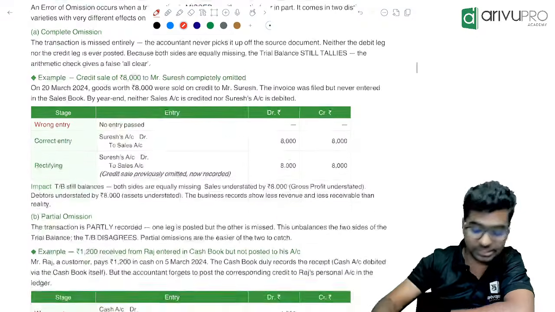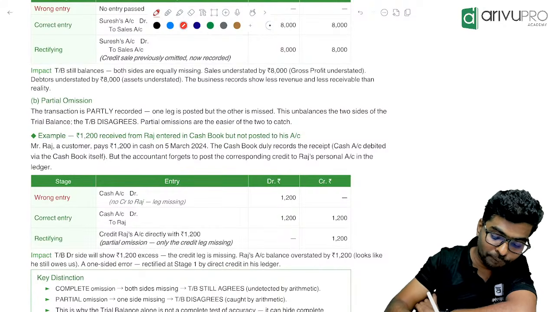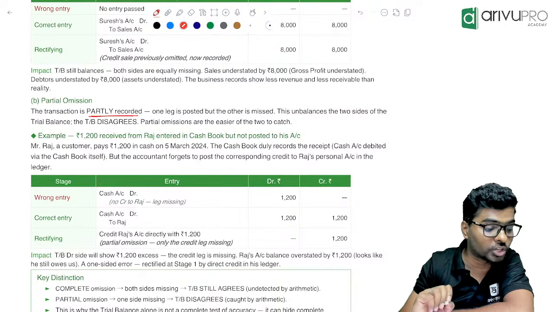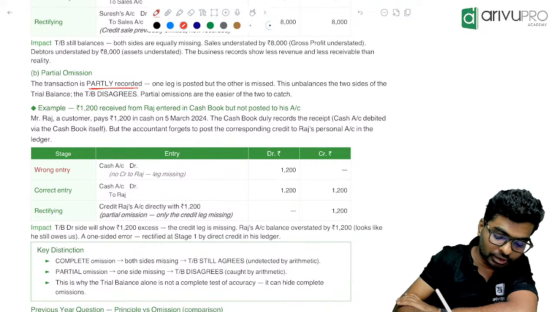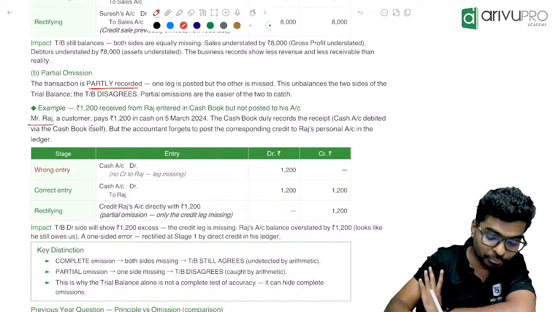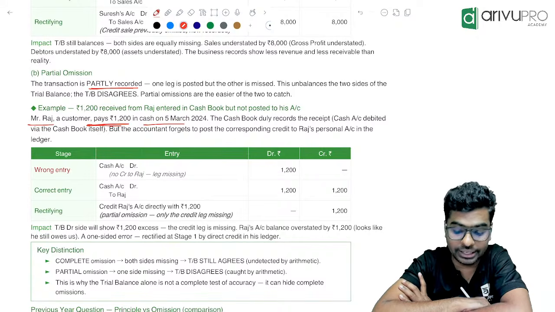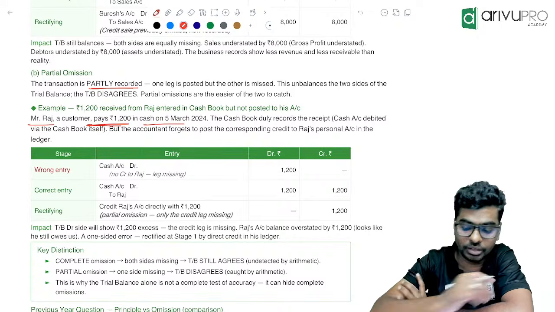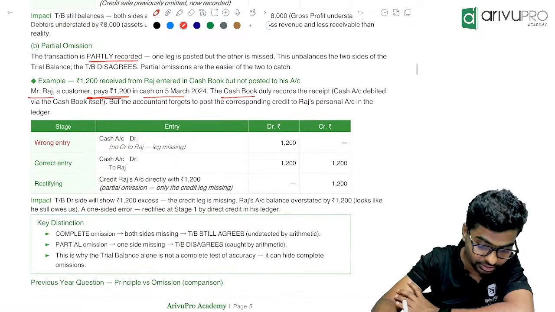Now look into the third one or the fourth one. The entry was partly recorded. Now example, look into it. Mr. Raj, a customer, pays 1200 in cash. So I am recording it in the cash book.